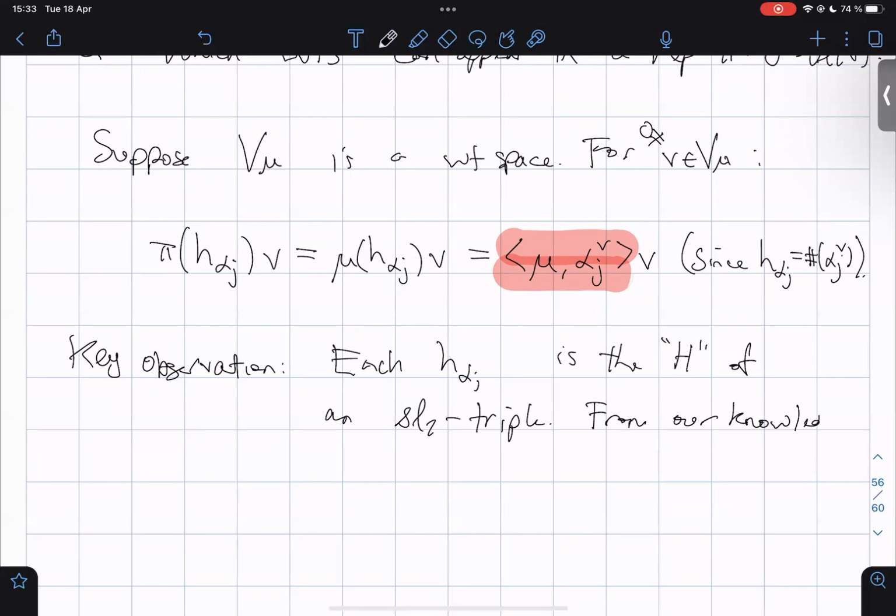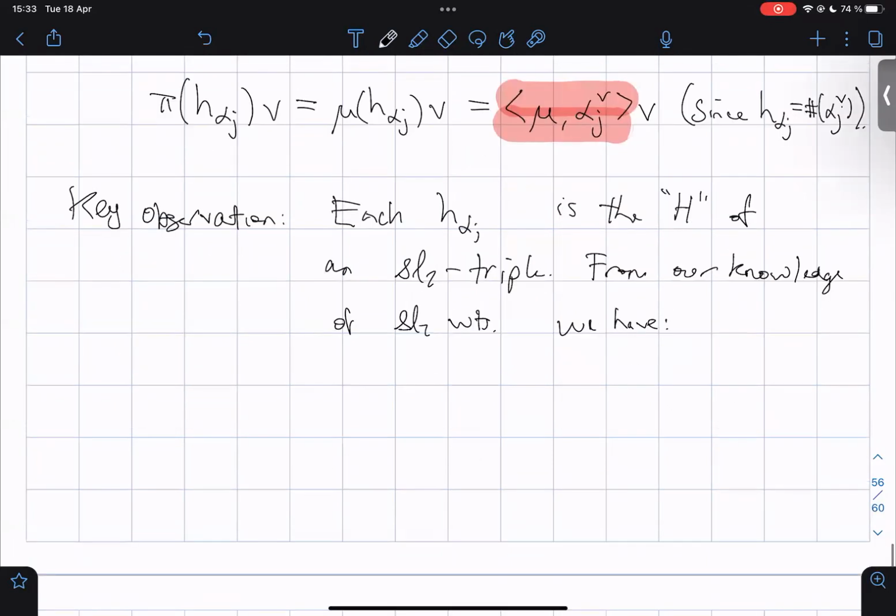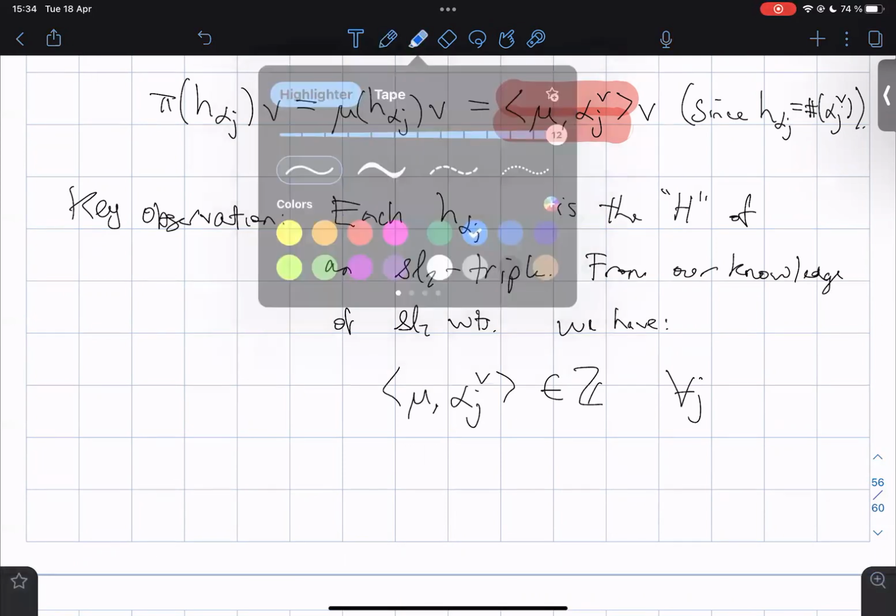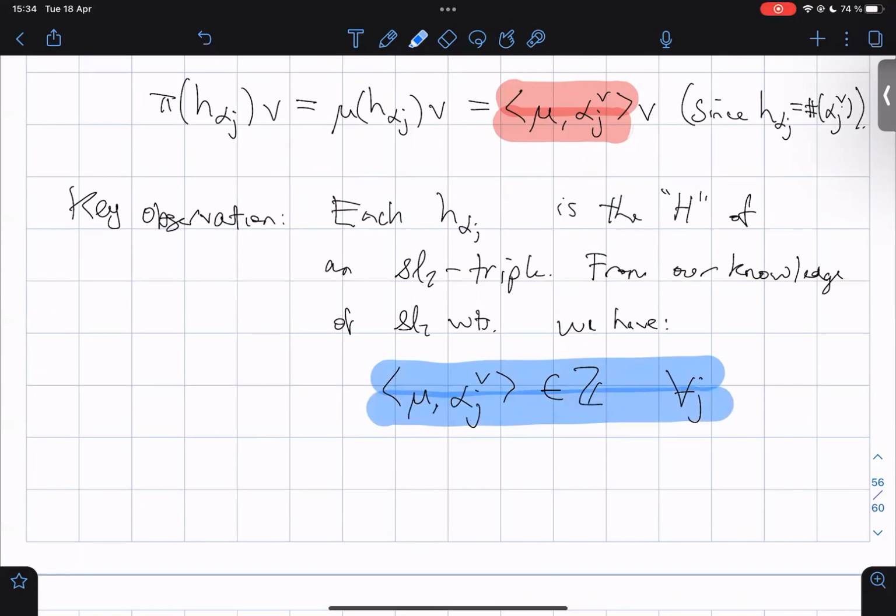So from our knowledge of SL2 weights, we have the key observation that this pairing, mu paired with this alpha J check, is integral. We say such mu is integral.